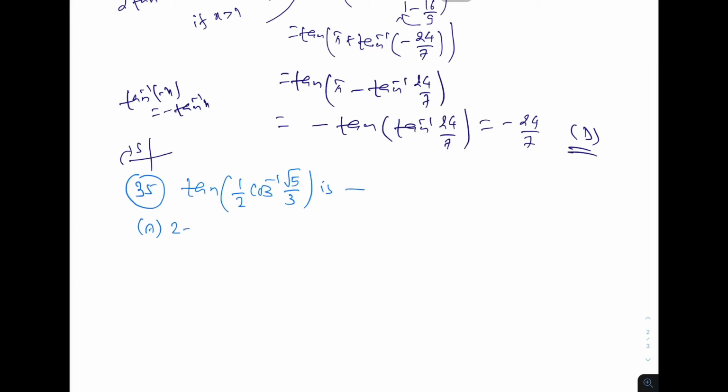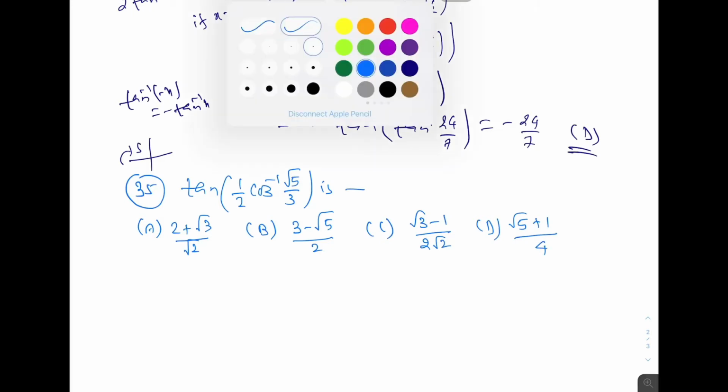Options are 2 plus root 3 by root 2, 3 minus root 5 by 2, root 3 minus 1 over 2 root 2, and root 5 plus 1 by 4.